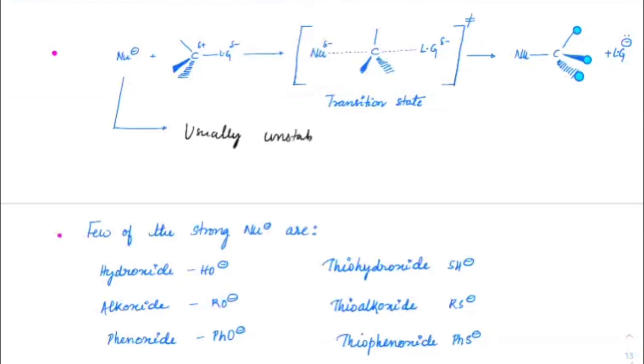usually unstable anions or strong conjugate bases, or in short, strong conjugate bases, will act like better nucleophiles.